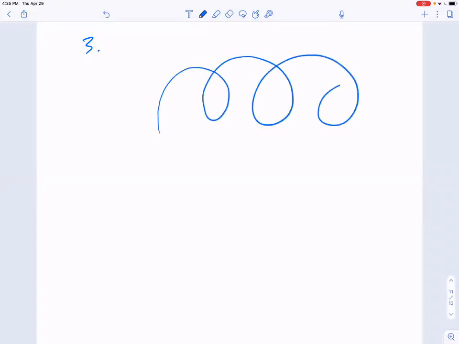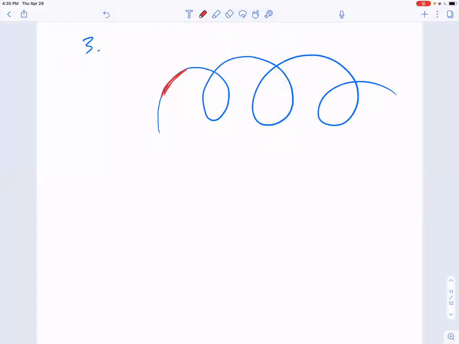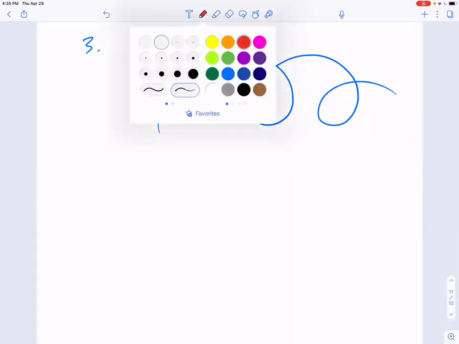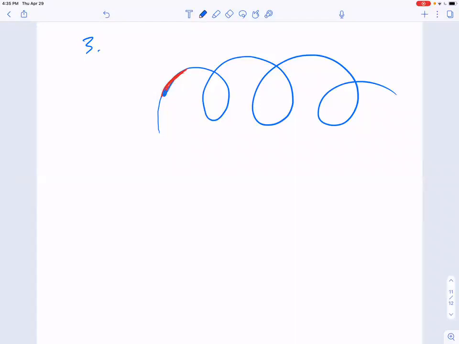So first we want to find the length of C, right? And let's talk about what it means to find the length again. In order to find the length of a curve, the first problem is if we're going around in a non-straight line, there's not an obvious way to say what the length of that is, okay? And so the only thing that we can reasonably do is break it up into little lines.